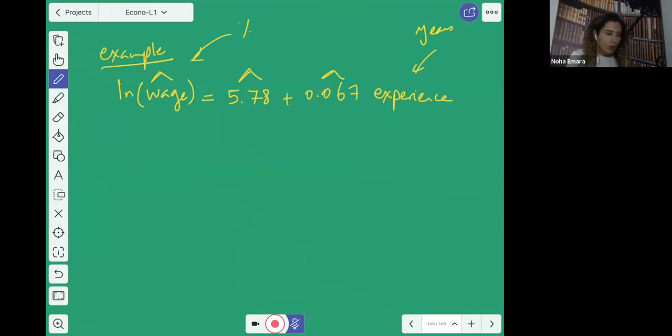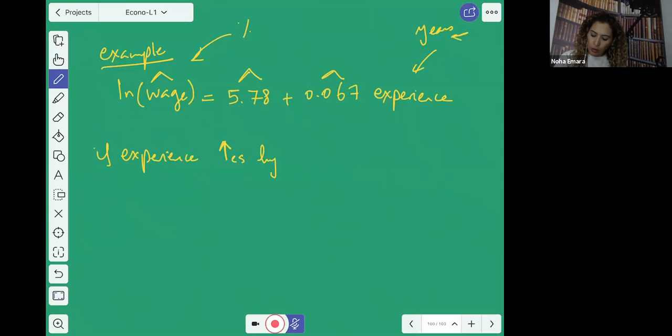It makes sense to say that the additional years of experience would have an increase, or wage would have a percentage increase, okay? So if the question is if experience increases by 1 unit, and my unit here is years, okay?